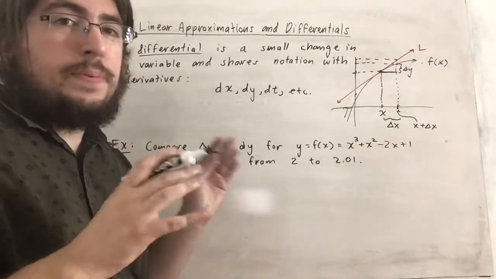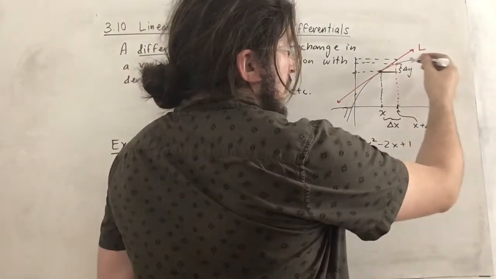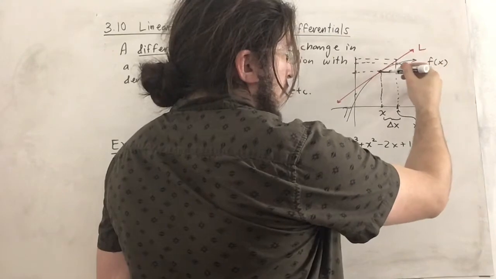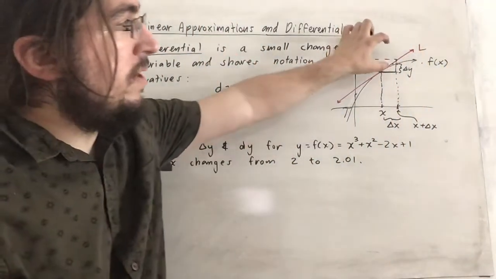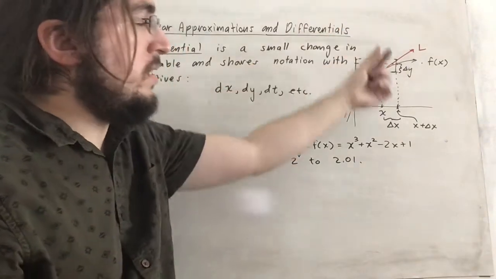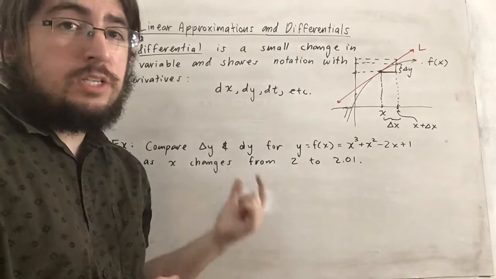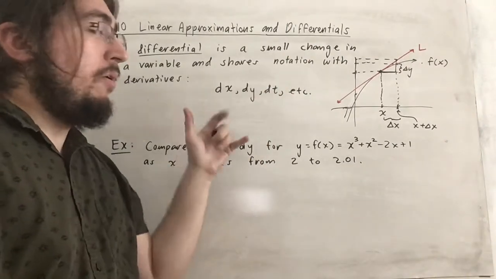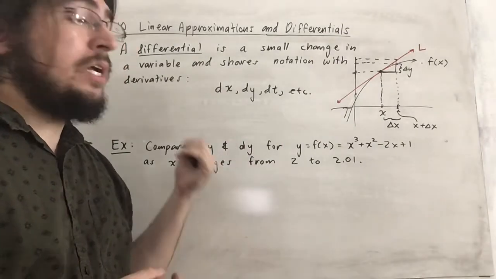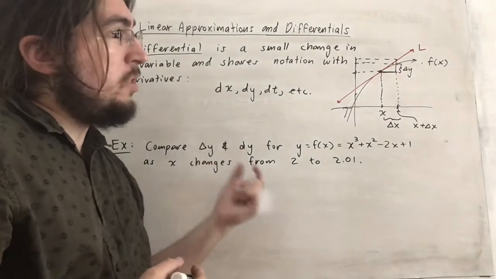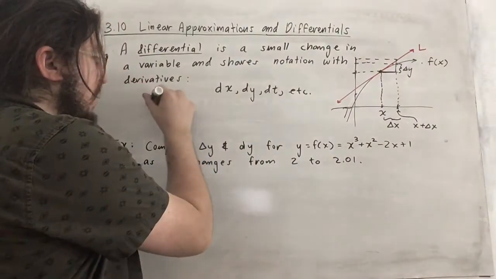Now, the big picture from this image really is the following. If you look at this larger triangle, and you consider the change in y values of the larger triangle and the change in x values of the larger triangle, really what we have is the slope of the line L. Now, since L is a tangent line in particular, we know the slope of the tangent line is the derivative of f, and we have notation dy over dx.